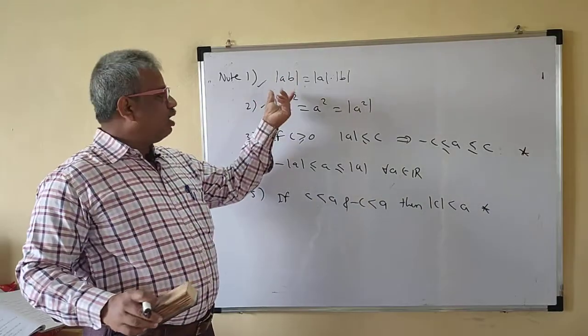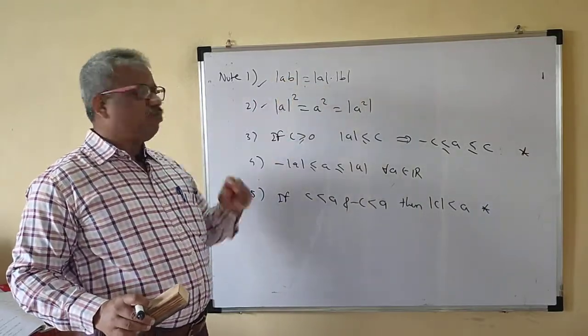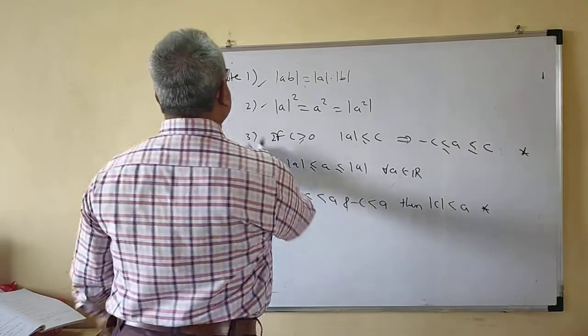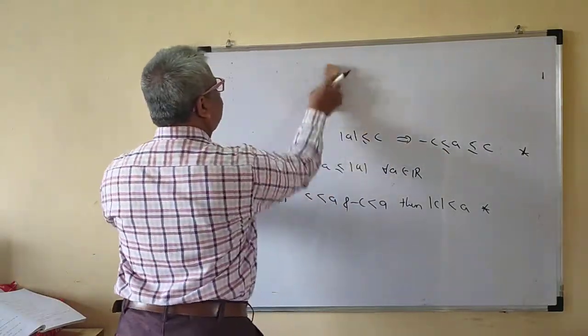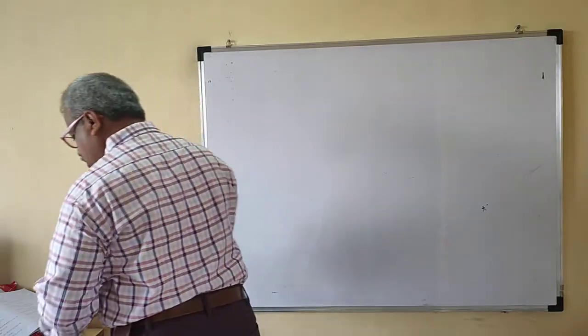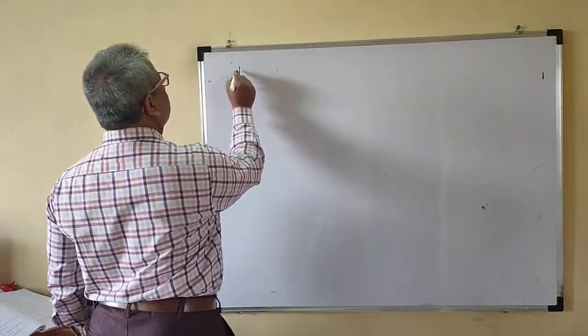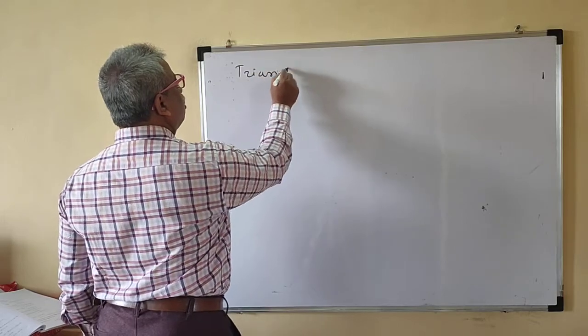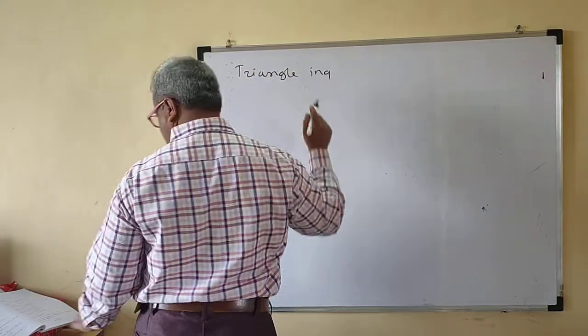Obviously, mod of ab is the same as mod a into mod b. Now we will prove the triangle inequality, and this triangle inequality is very important.